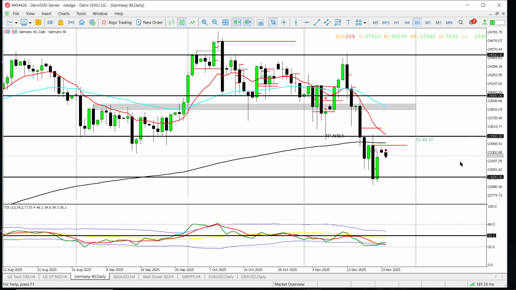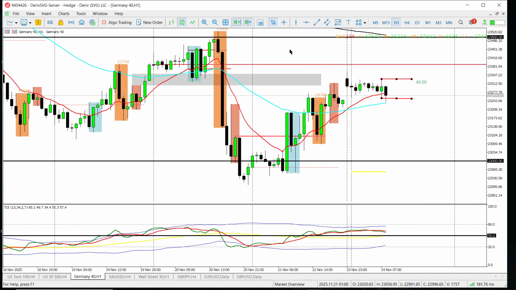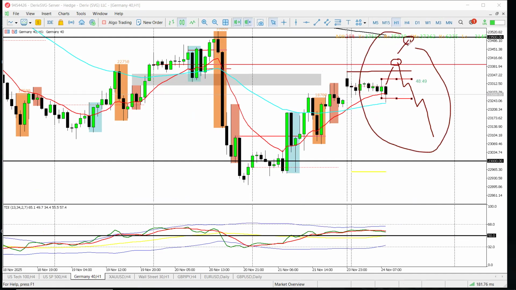But before I sell, I would love to see some form of liquidity sweep, especially on this price action here, right here. I would like to see price sweep, maybe tap into this area. If they want to sell, then they'll start to push back down or maybe come up as high as here. So with this bias in place, that's where the buy I'm looking for here is coming from. So I hope that makes sense.